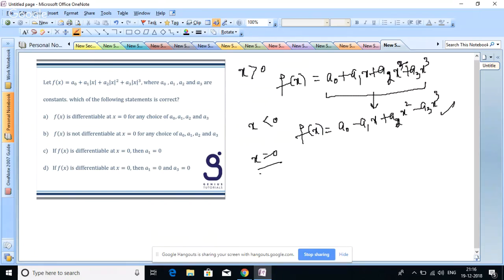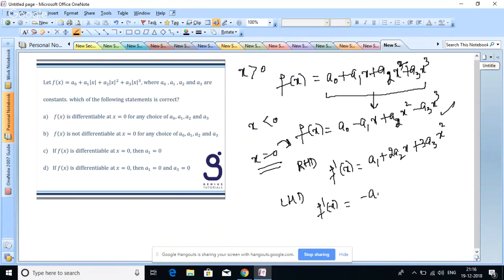Right hand derivative means x greater than 0, so that would be towards the positive direction. So f dash x, that means the right hand derivative, would be a1 plus 2 a2x plus 3 a3x square.